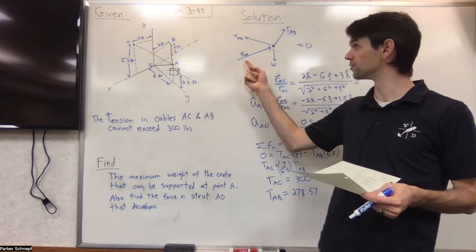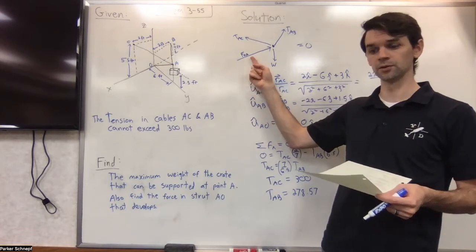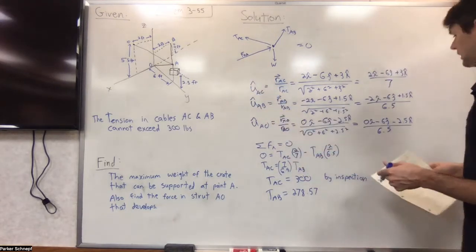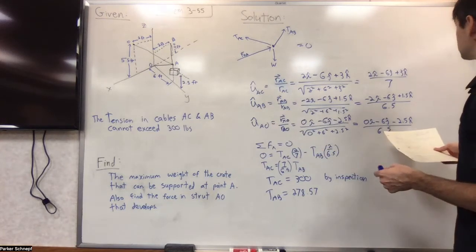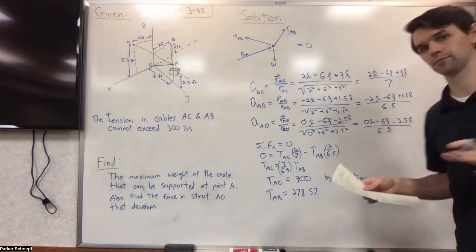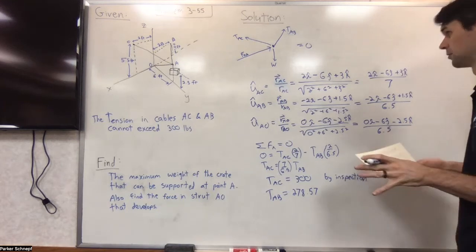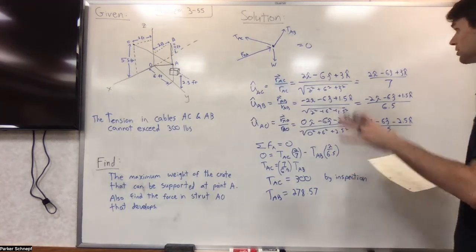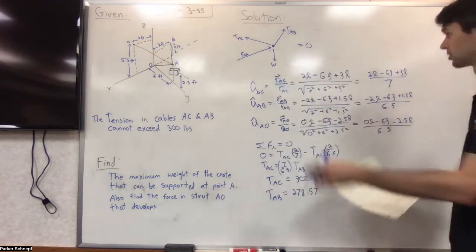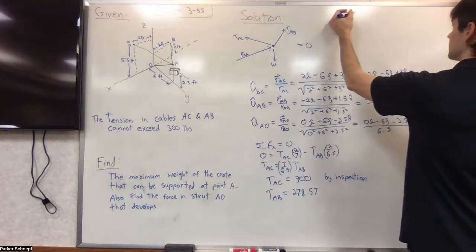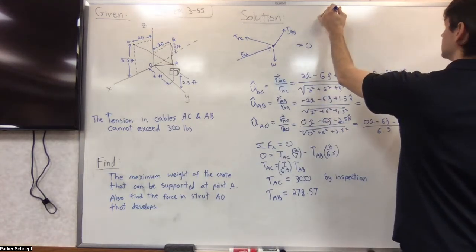So if I do my sum of forces in Y, I can isolate that unknown and solve for it. And I'm running out of space quickly. Maybe I can fit it all. This is bad formatting. Hopefully you would do it nice and clean down your column. I'm going to jump up here. I think I can fit the rest of it.